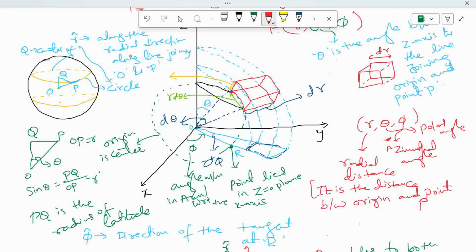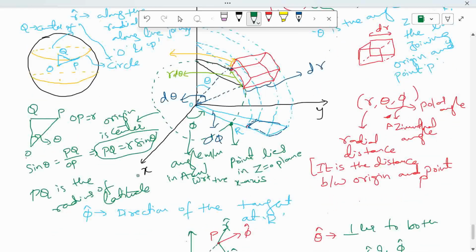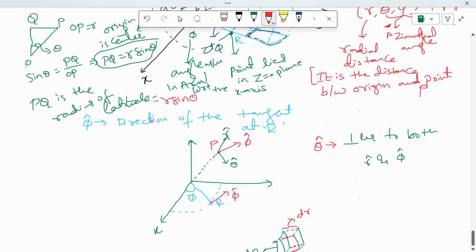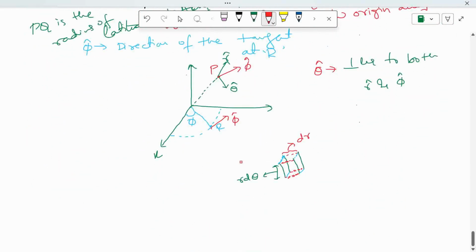So PQ is equal to r sine theta. Now r sine theta is the radius of the latitude. So what is the arc length of this small section?